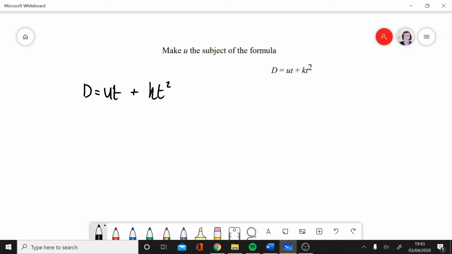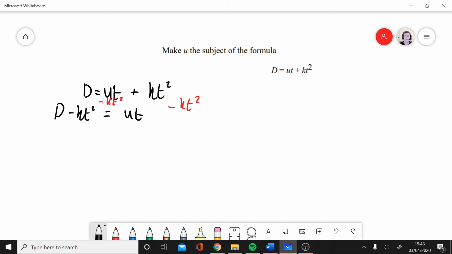So D minus KT squared is equal to UT. As we can see here, we've taken away KT squared on both sides, and we're left with just a UT term on the right-hand side.